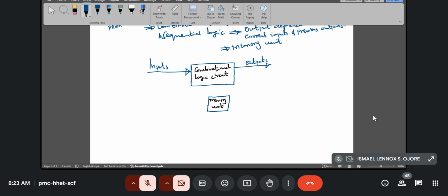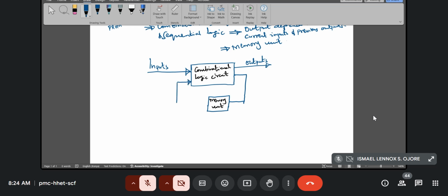Current inputs are the only ones considered for the current output. But now for sequential logic, we have some past data to also incorporate through a feedback path, through the memory unit.